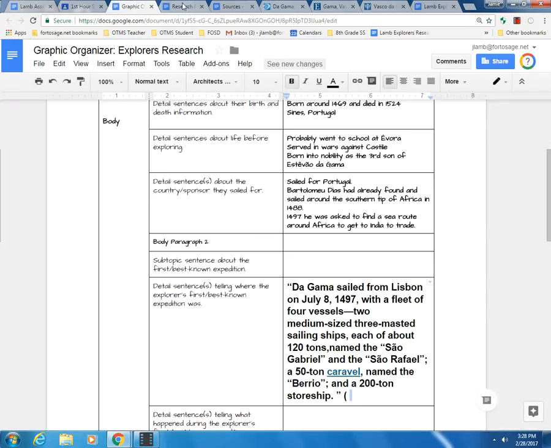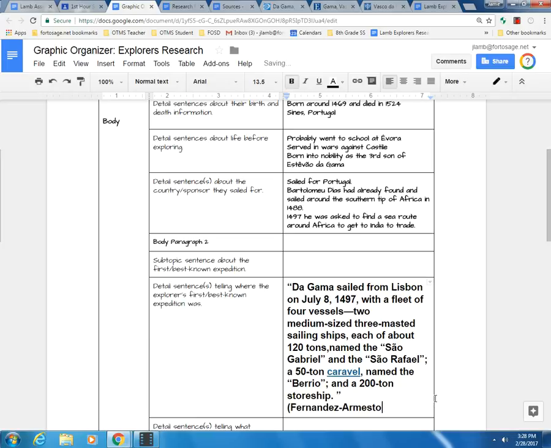So when you go back to your graphic organizer, I think that's right. And there's no page number because it's a website. If it was a book, it would be a page number. But like I said, if it did not have an author, then you would put the website it came from.